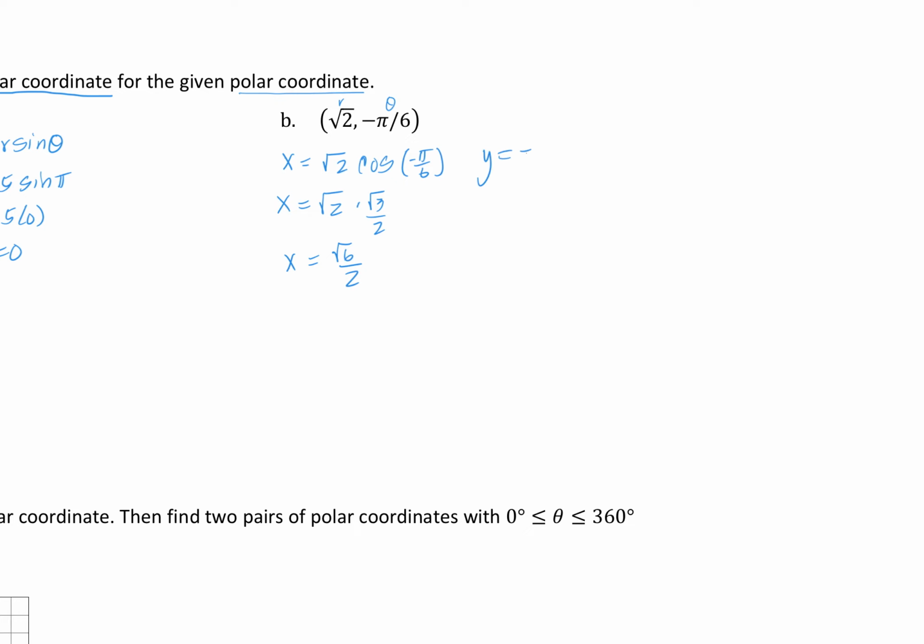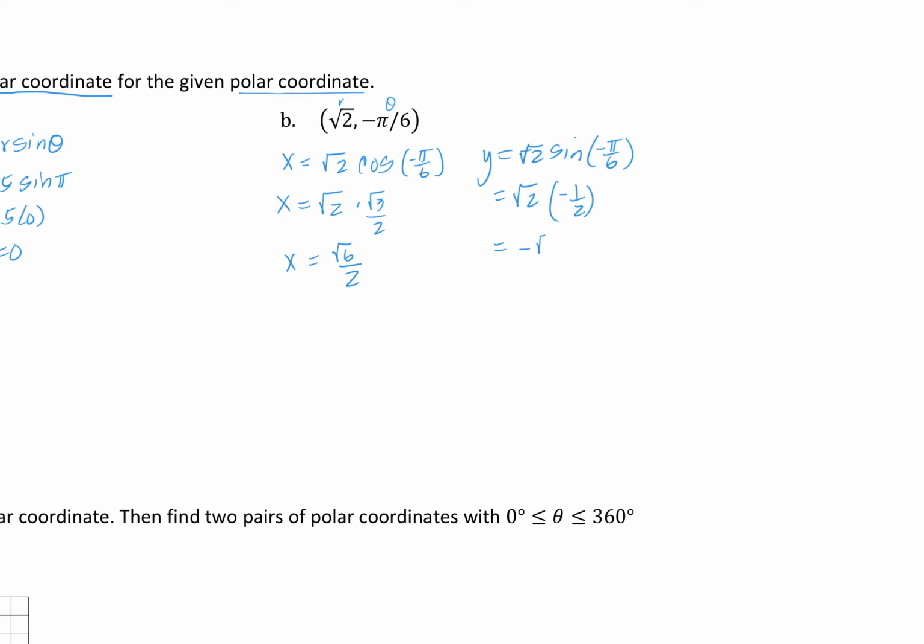Our y value is going to be square root of 2 times sine of negative pi over 6. So sine is negative in quadrants 3 and 4, and negative pi over 6 is in quadrant 4. That would be negative 1/2.